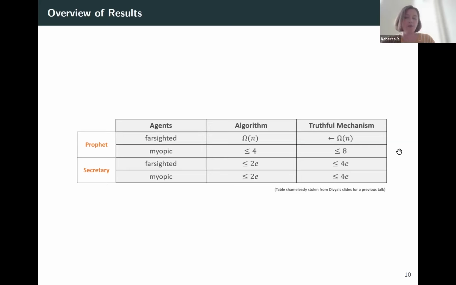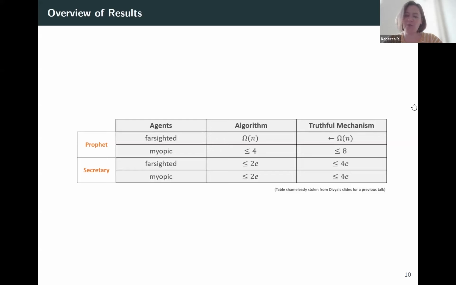So we added in the requirement that instead of just an algorithm, we would have to do a truthful mechanism that incentivizes people to report their actual valuations and their actual signals. We have not looked at the case here where valuations are also private. But for private signals, we're getting essentially everywhere an extra factor of 2. And I will, at least as an example, also say something about that in the end.